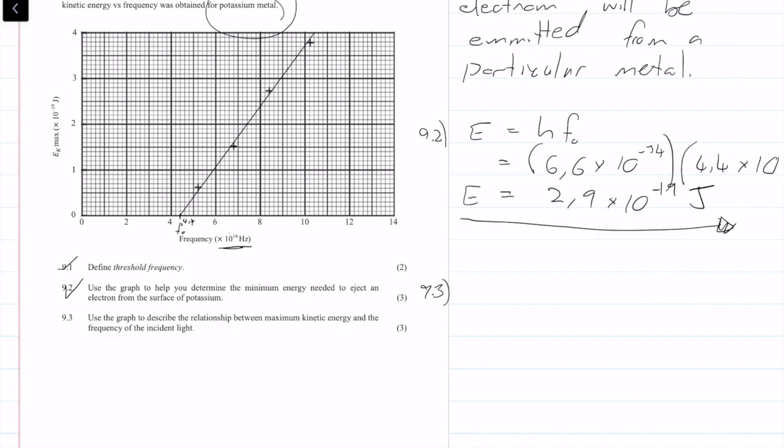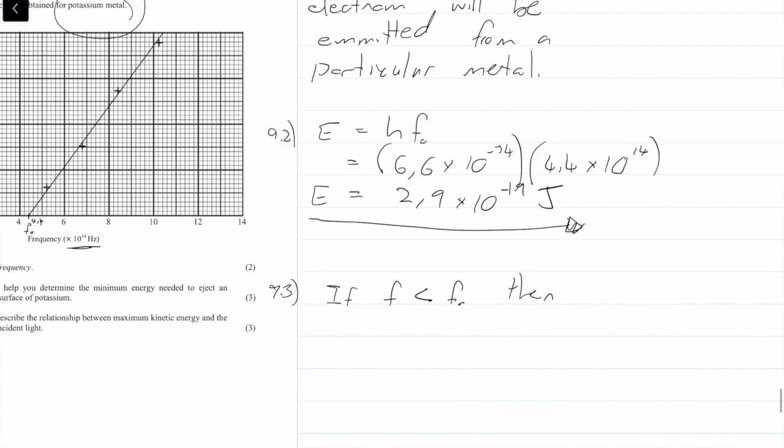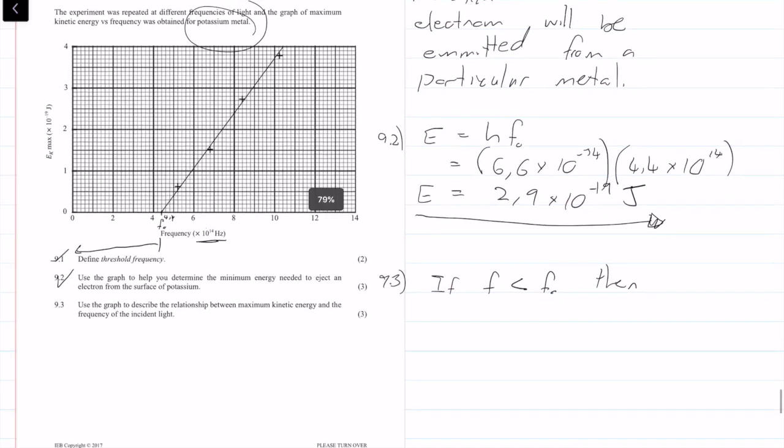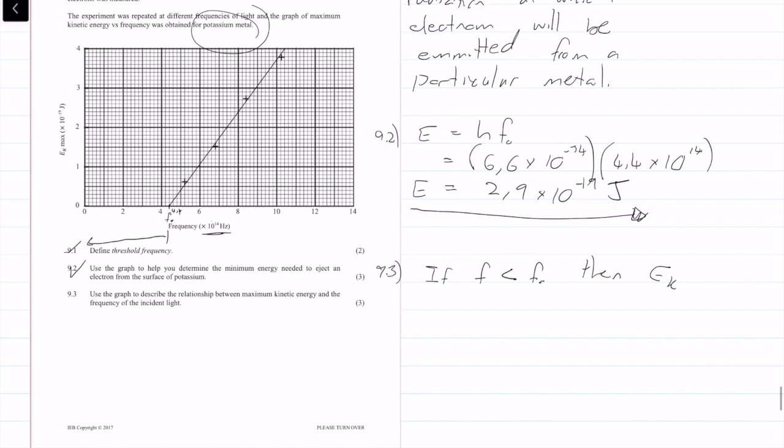Basically we can say that if the frequency is less than f naught, which is in this section right here, then EK max is 0, and no electrons are emitted or ejected.